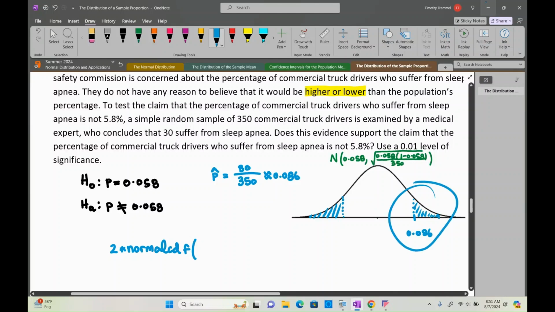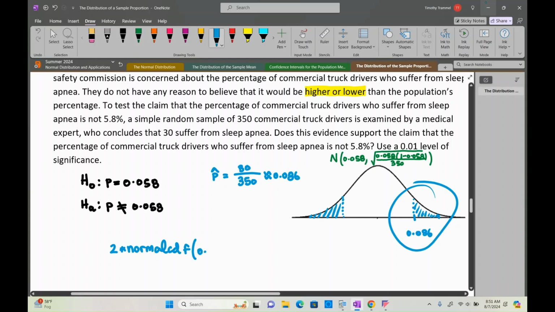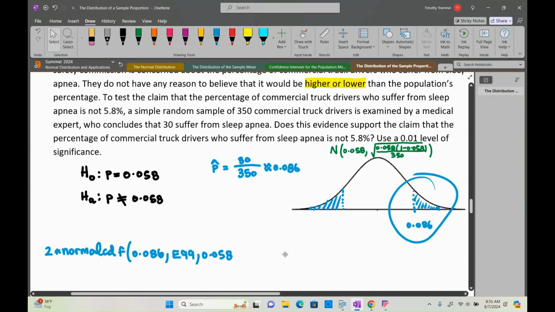I'm just looking at this one where we already know what one of the bounds is here. So I'm going to write in that lower bound, and then my upper bound, and then the mean. And then the last thing we need is that standard deviation. So I'm going to maybe make myself a little more room.